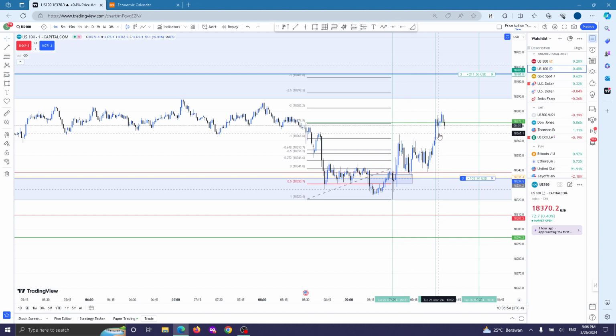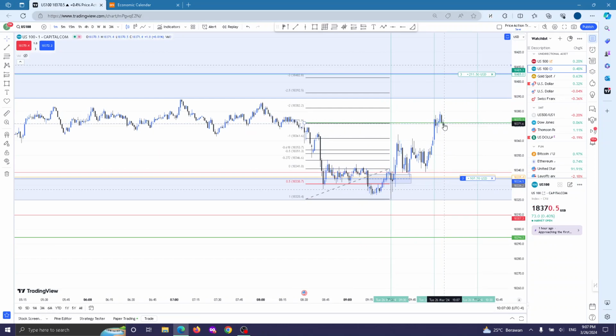It may go to the sell side liquidity, but remember our order flow is bullish, therefore trying to short here to this imbalance will be low probability and it's probably a B setup. But from here to the up, that will be an A plus.